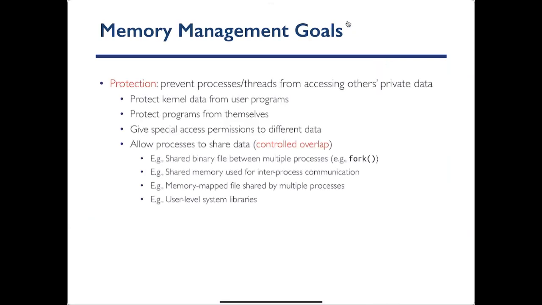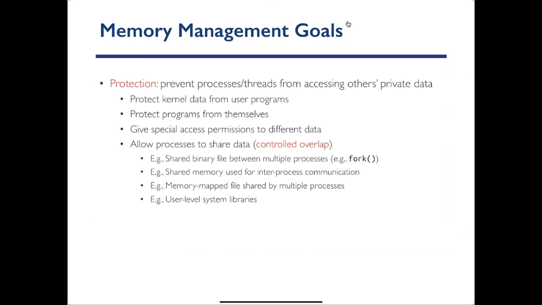There are 2 goals with memory management. The first one is protection. We want to protect the kernel from user programs and user processes. We want to also protect user processes from each other. We might want to allow processes to access data, but with different permissions.